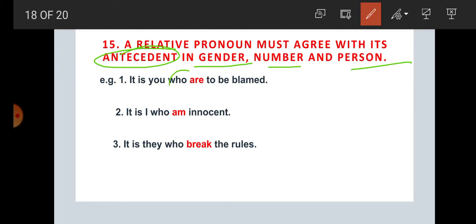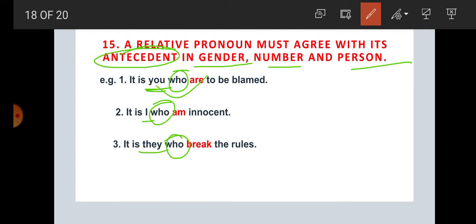In the first sentence, who is the relative pronoun, in the second sentence, who is the relative pronoun, and in the third sentence, who is the relative pronoun. And what is the antecedent? The word before the relative pronoun is the antecedent. So in the first sentence, you is the antecedent. Second sentence, I is the antecedent. Third sentence, they is the antecedent. So the verb must be according to the antecedent.